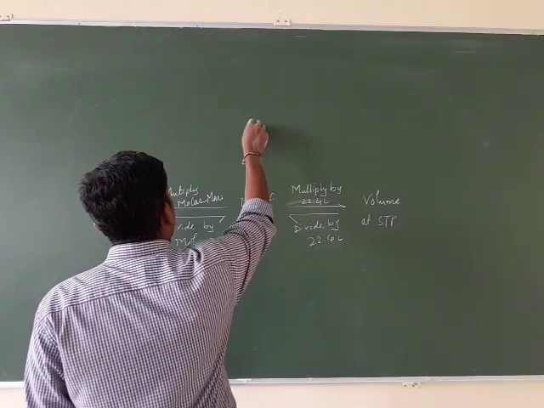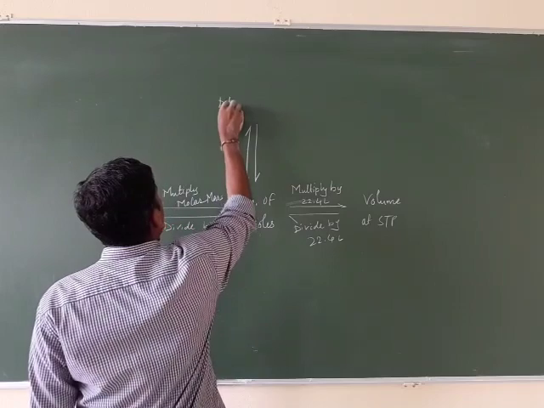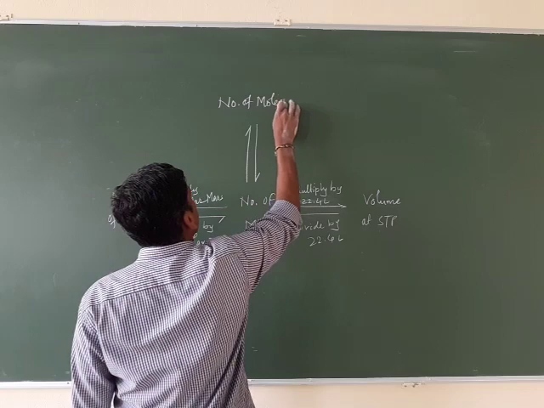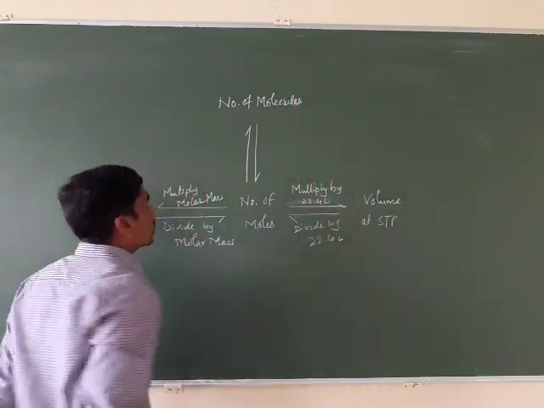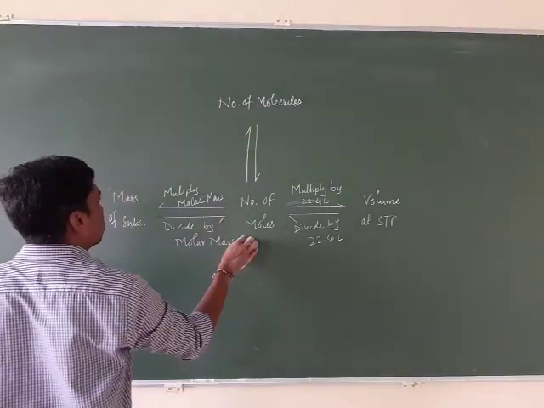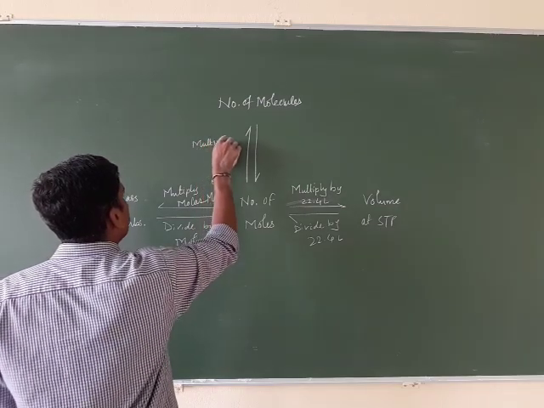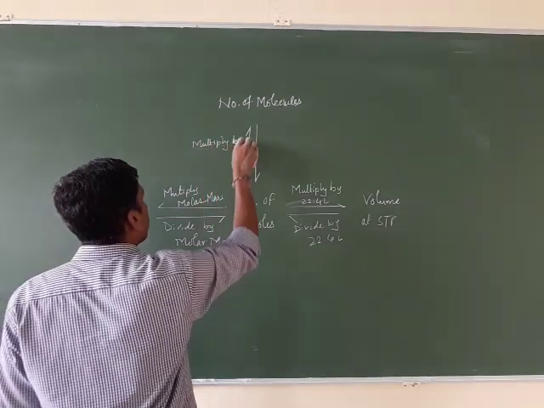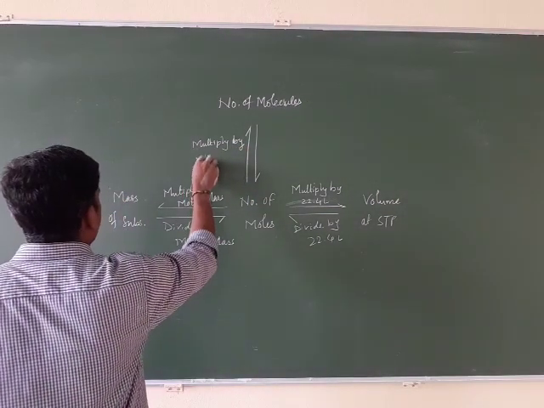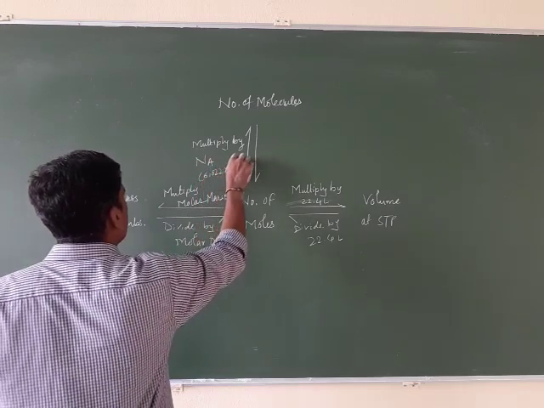Another thing we can do is, if you have a number of moles and you require the number of molecules or the number of atoms, then this number of moles can be multiplied by Avogadro's number, that is NA. What is it? 6.022 into 10 raised to 23.